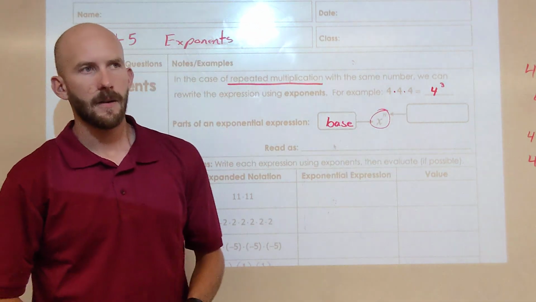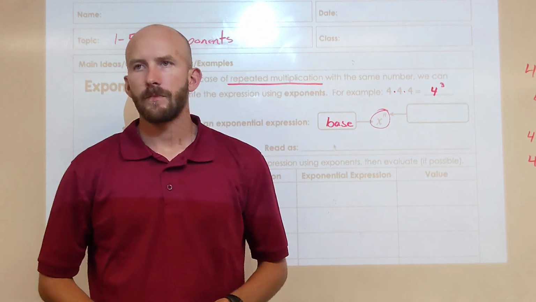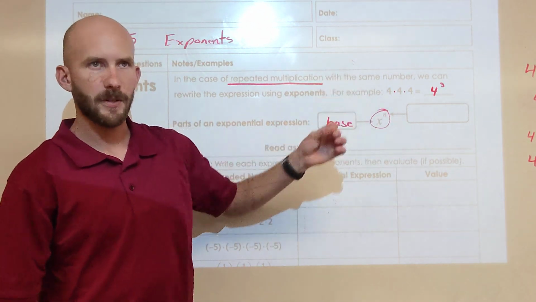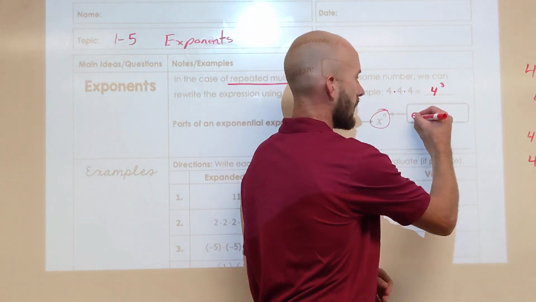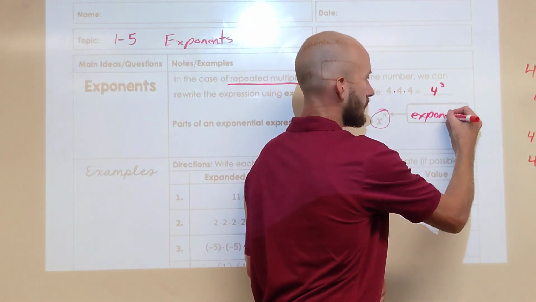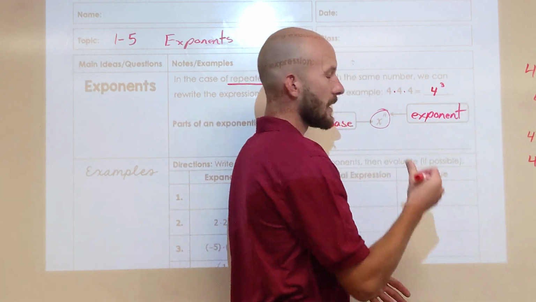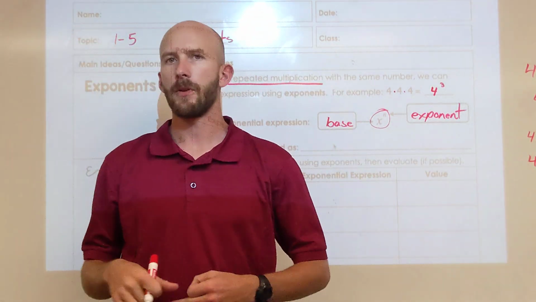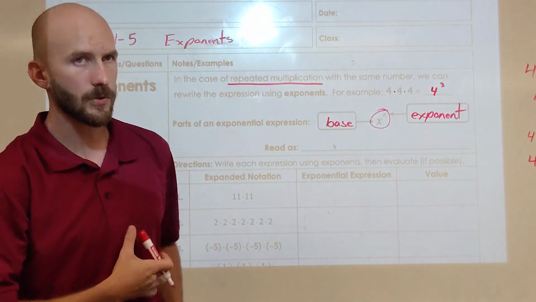Okay. And then the small little number up in the top, that is our exponent. So we need to make sure that we know which number is the base and which number is the exponent. You'll hear me using those two terms a lot.